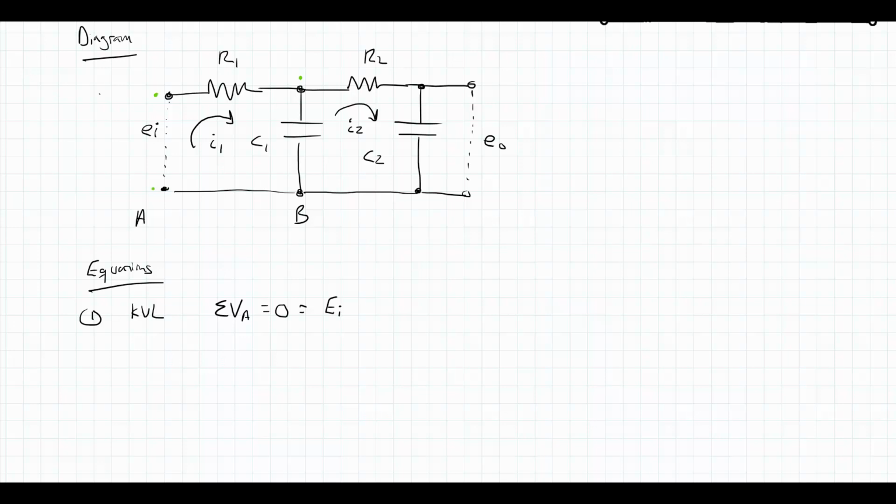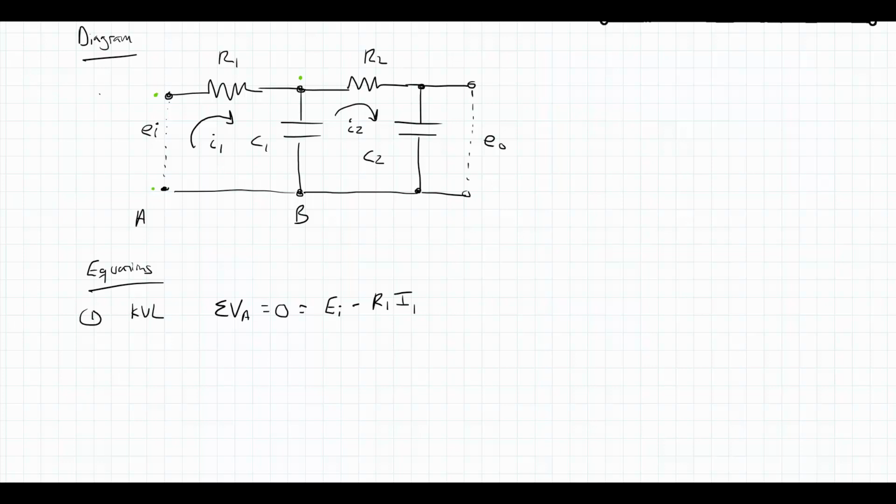Now notice the direction that I1 is going. As I go from that left node across R1 to that right node, I'm going with the direction of current, at least what I'm assuming is the current's direction. There's a voltage drop as I go with the direction of current, so there'll be a negative, and the voltage drop across a resistor is its resistance times the current going through it. So R1 I1.